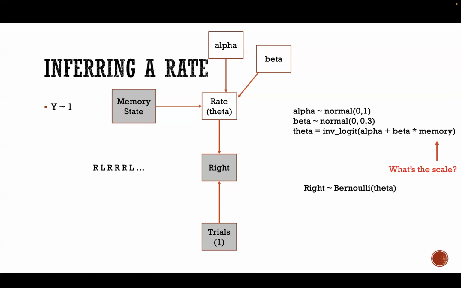One thing, though, to consider is what's the scale here? If memory is inside an inverse logit transformation, everything inside an inverse logit transformation should be on log-odds scale. This makes a lot of sense because what we want is that if memory tells us to go right, it should be a positive number. If memory tells us to go left, it should be a negative number.